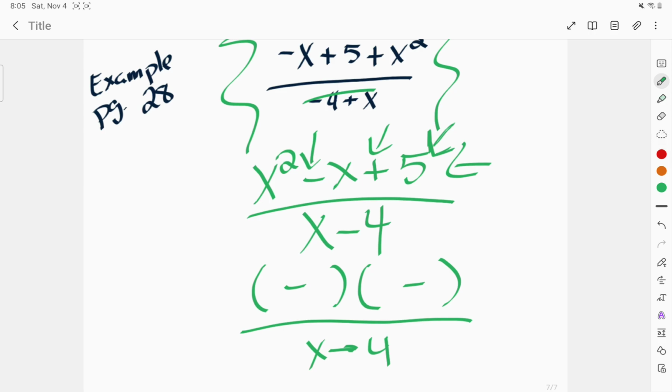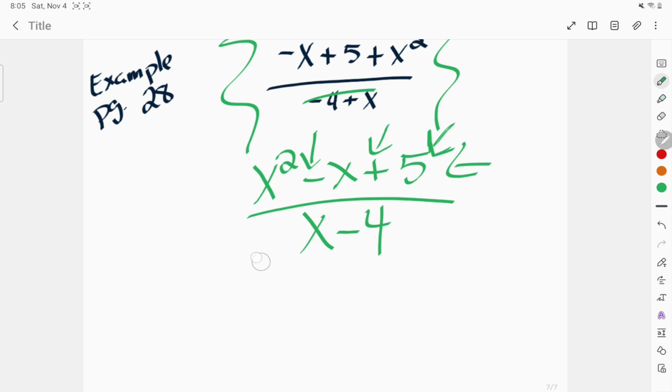So if you were to subtract 5 from 1, do you get 1? And the answer is no. So we have to set this one up like we did that other one. We're going to do x squared minus x plus 5 divided by x minus 4.